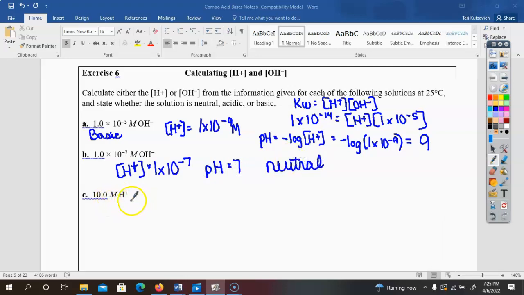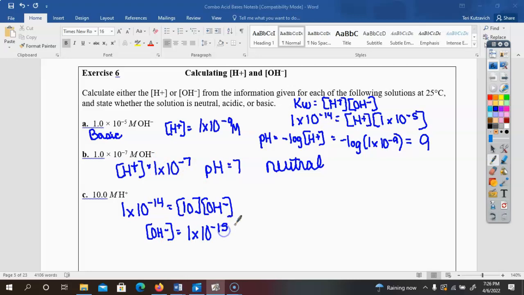And this one right here, they're mixing it up. They're giving you your H plus. So 1 times 10 to the negative 14 equals your H plus, and let's look for your OH negative. Your OH negative is 1 times 10 to the negative 15.